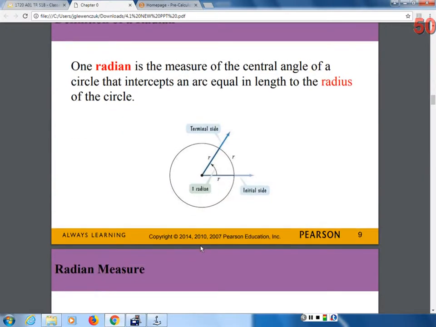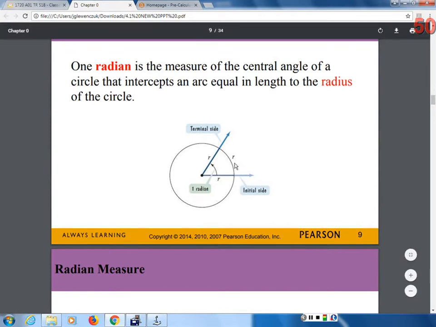So 1 radian is a measure of the central angle of a circle that intercepts, here's the arc, this is an intercepted arc here, an arc equal in length to the radius of the circle. So this is 1 radian because this curved distance is r.